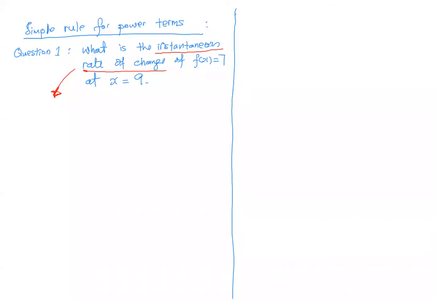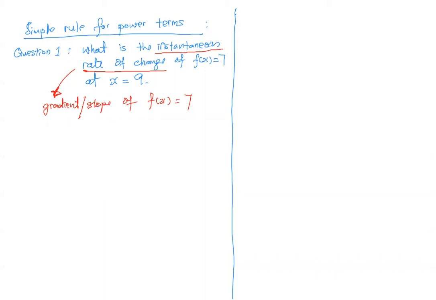Yishan? Zero. Yes, what should I think about? Slope, gradient, correct? I should think about the gradient or slope of f(x) equal to 7.